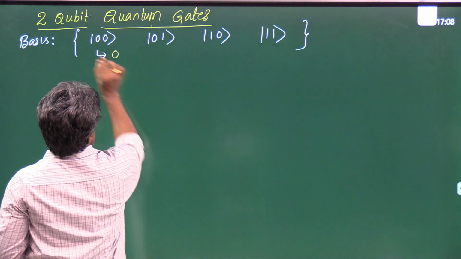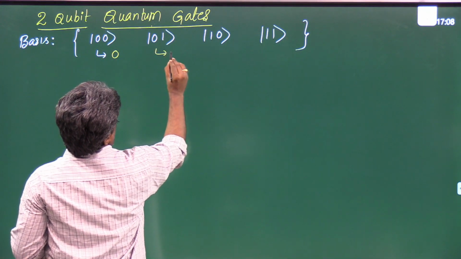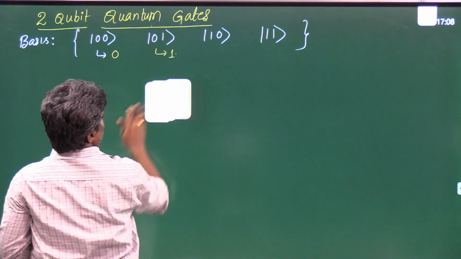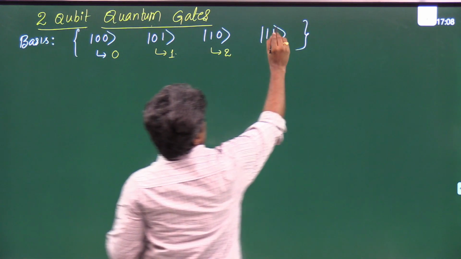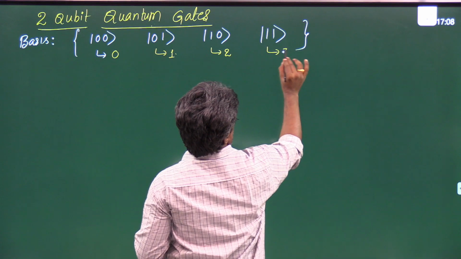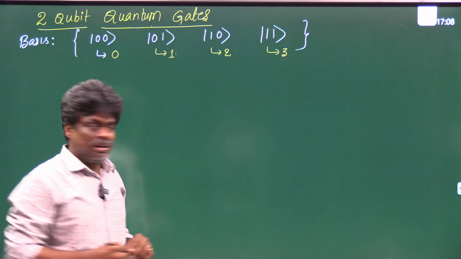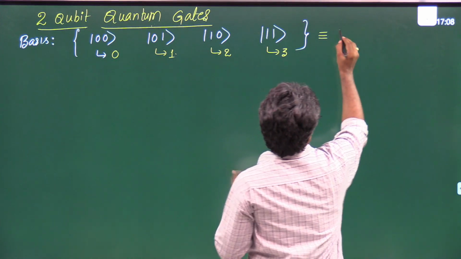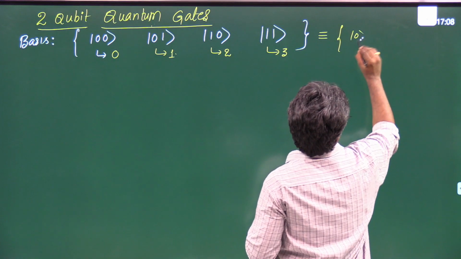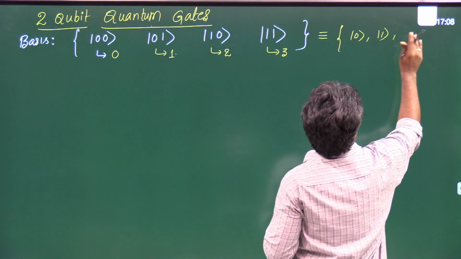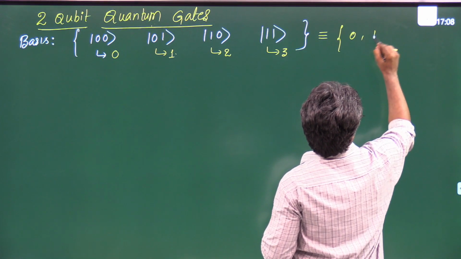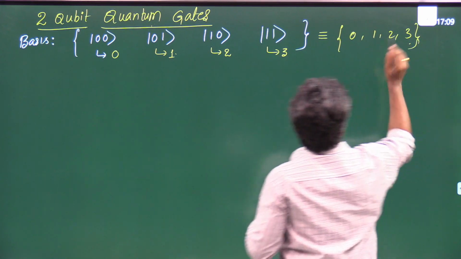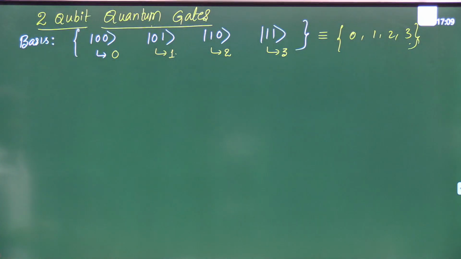This is the 0 value, and this value is 1, with 2 power 0 and 2 power 1, and this is 2, 2 power 0 and 2 power 1, this is 3. So equivalently, we can write it as 0, 1, 2 and 3, or you can write in ket notation, it's not an issue.